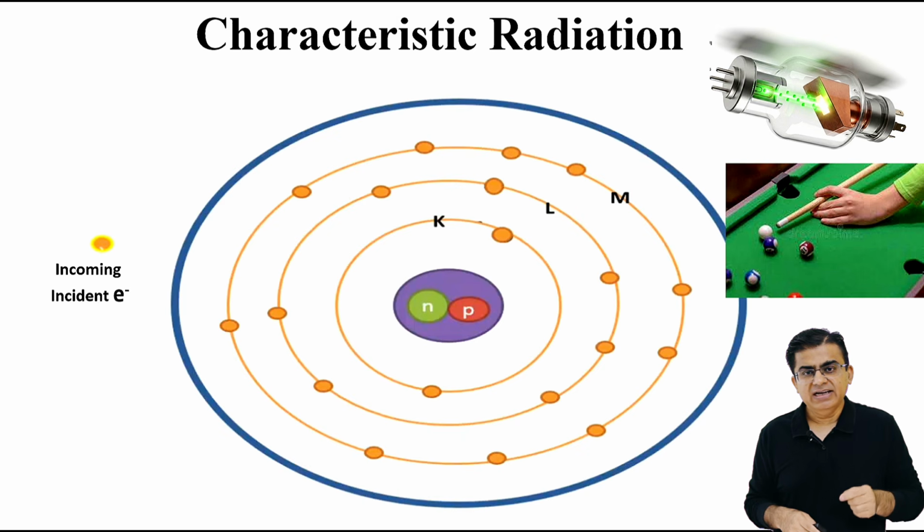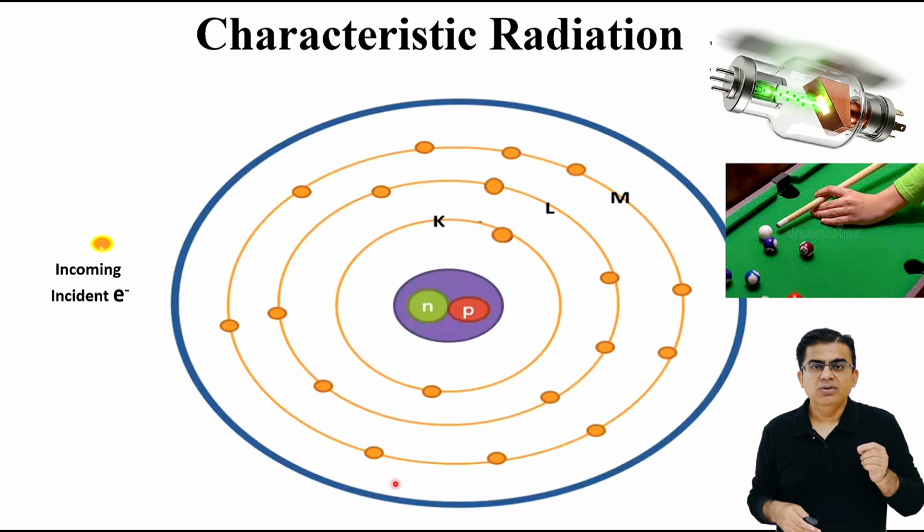Imagine this specific high-speed incoming electron has kinetic energy greater than the binding energy of the tightly bound K-shell electron, that is 69.5 keV. Because it has this massive energy, it is powerful enough to break the strong holding force of the target atom. It is traveling straight towards the target material, completely ready to invade the inner electron shells.